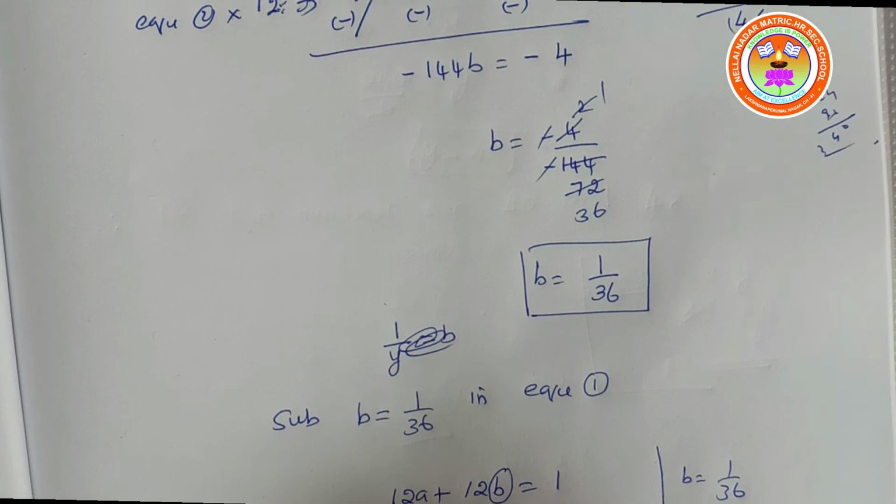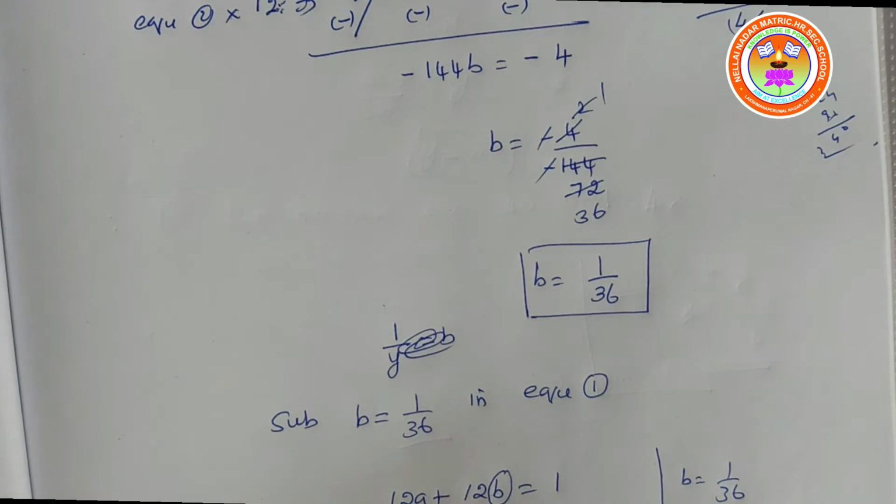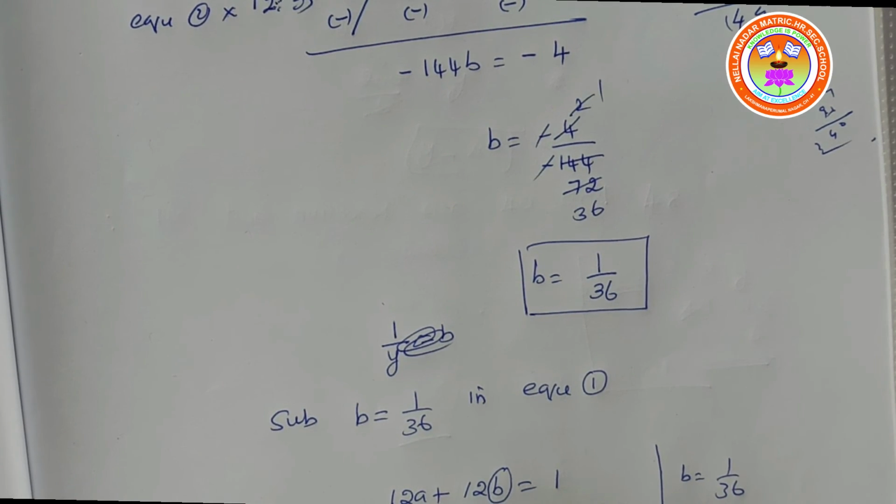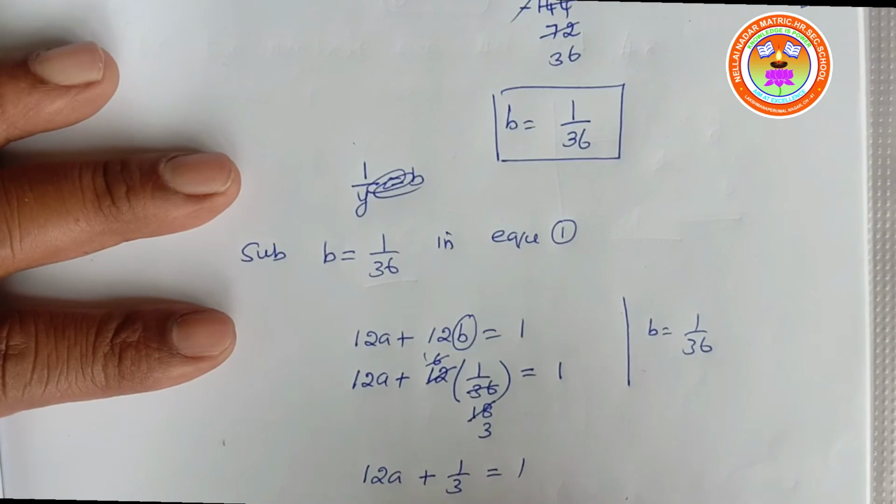Now 12 by 36 is 1 by 3. So 12a plus 1 by 3 equal to 1. So 12a is equal to 1 minus 1 by 3. It's clear, children?